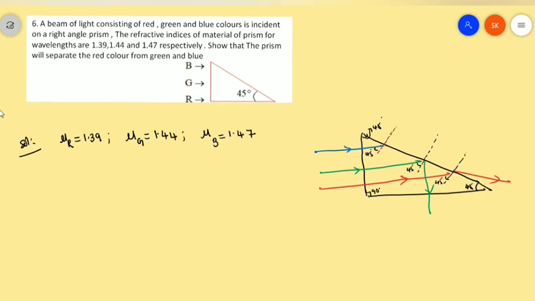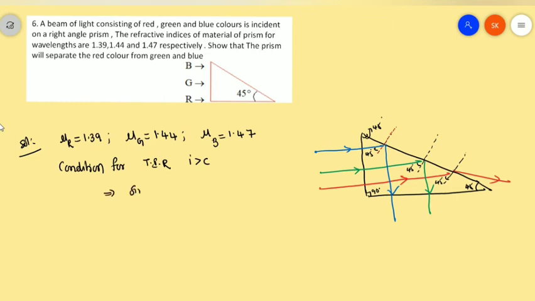Then the red color will be separated from the other colors. What is the condition for total internal reflection? The condition for total internal reflection is I greater than c.